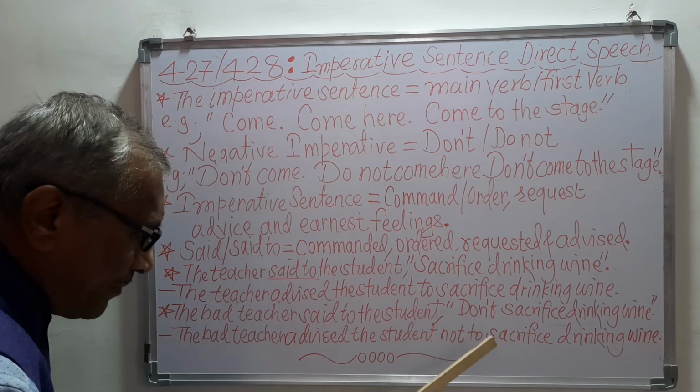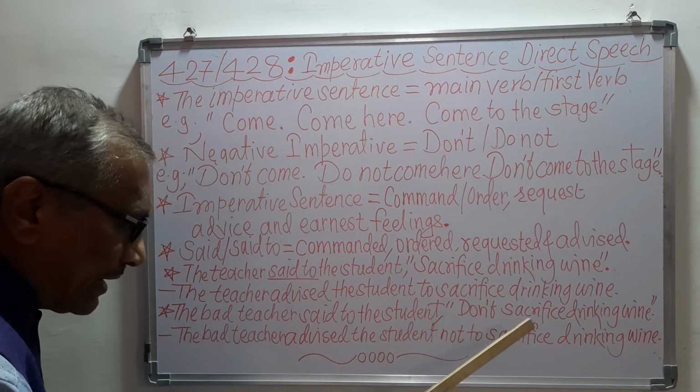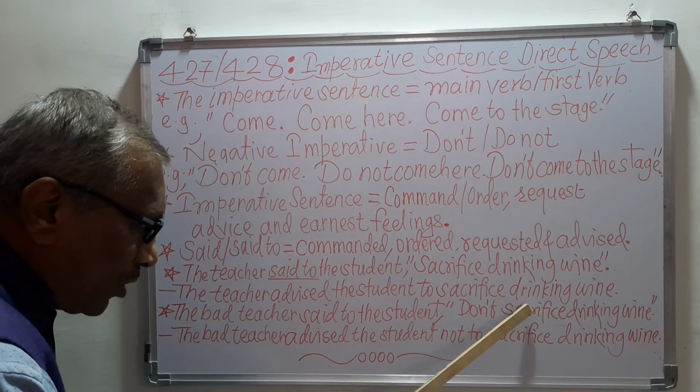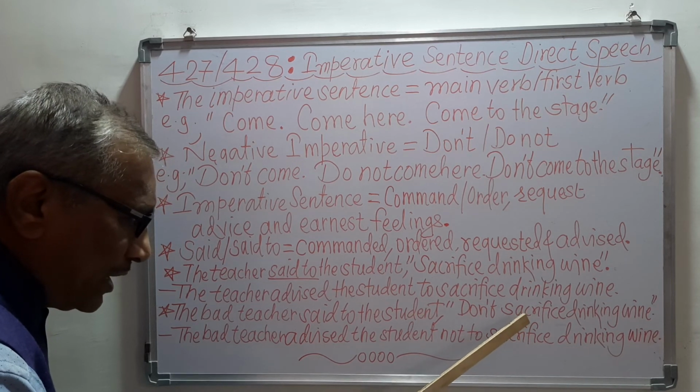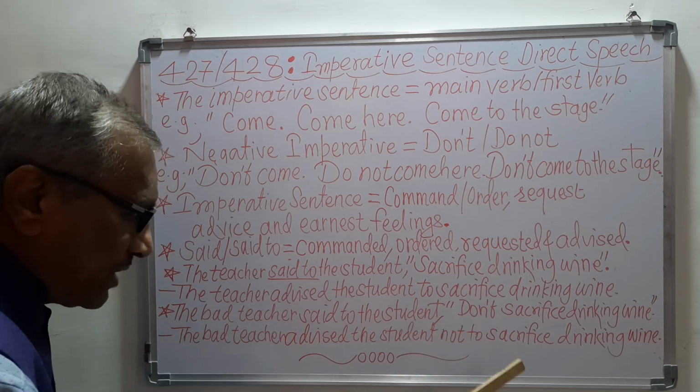So please remember, make the "not" of "don't", and here is the main verb, and do the infinitive of this main verb. So I have made the infinitive of this sacrifice, and that's why it has become "to sacrifice".